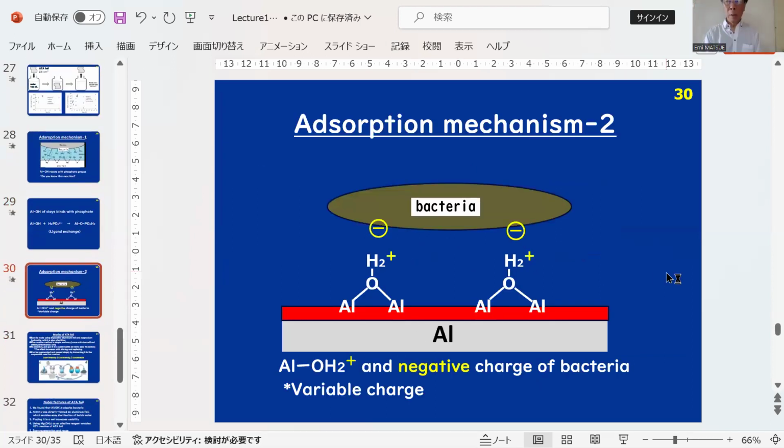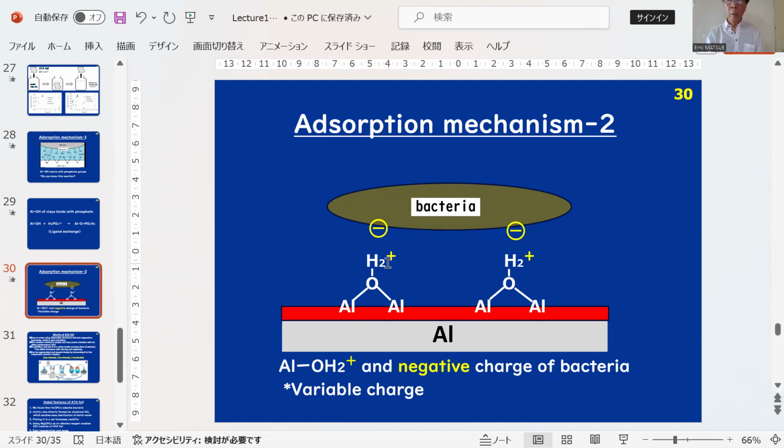And another mechanism. The bacteria surface is negative, and LOH is not only binary, but LOH becomes LOH2 plus at low pH.